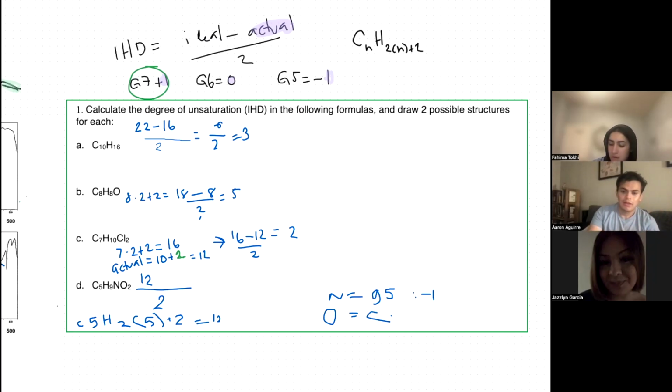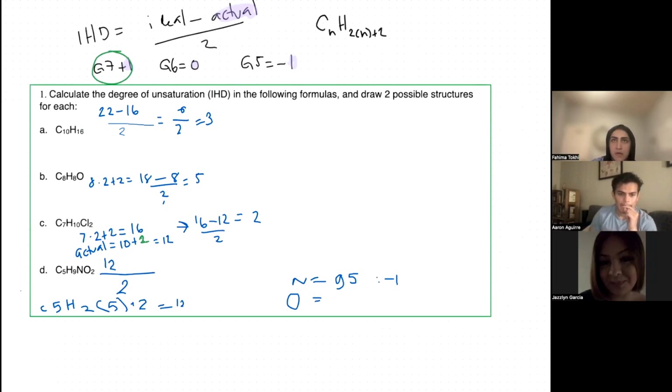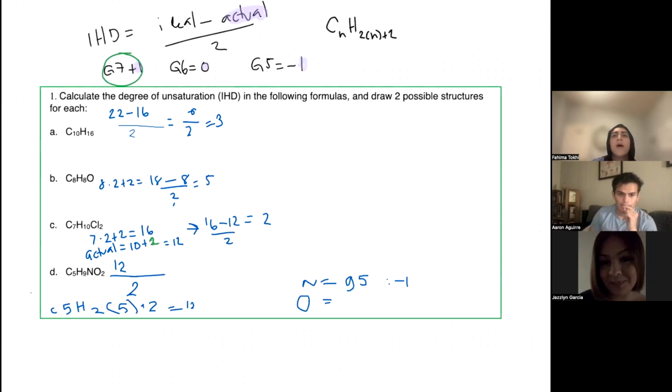Group 6, I'm just gonna mark it as a 0. So I subtract 1 from what is actually there.